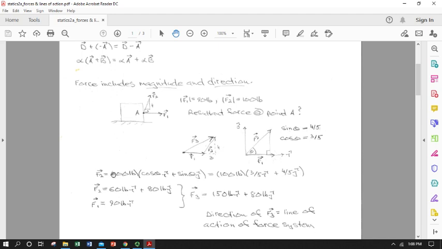I've got F2 written out in terms of its magnitude times the portion of that that's in the x direction or i hat direction. I'm using unit vector notation to denote x and y coordinate axes to get you into practice, because that's the most common way the x, y, z Cartesian coordinates are represented in vector notation.